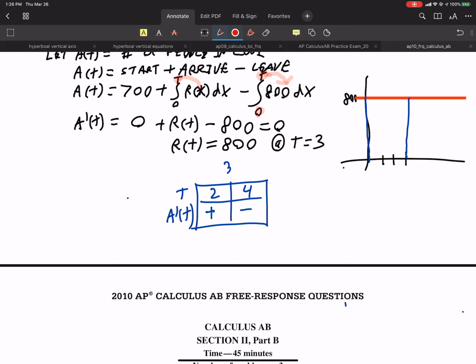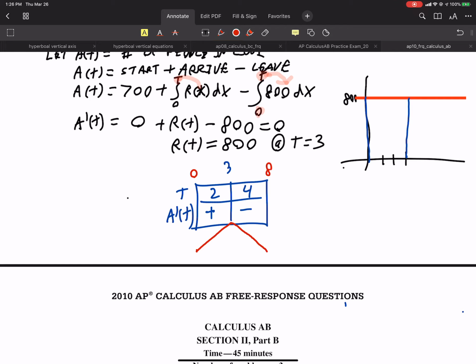To the left of 3, it starts at 0, it ends at 8. From 0 to 3, the derivative of a is always positive, so a is always increasing in this region. From 3 to 8, the derivative is always negative, so the function is always decreasing in that region. Therefore, clearly at 3, a has a maximum.